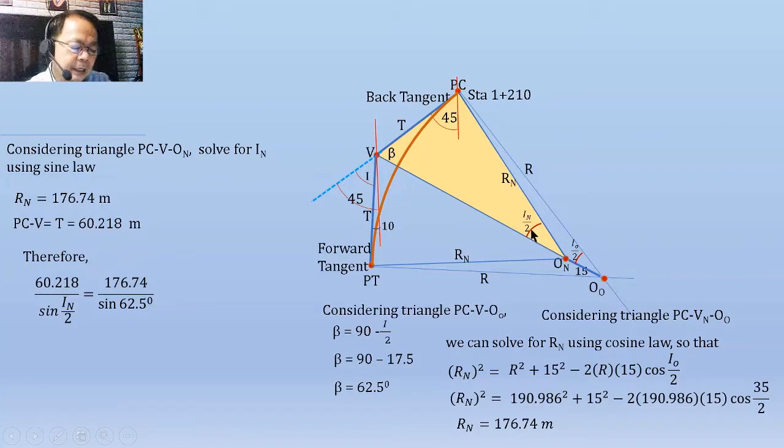This angle is proportional to R sub n, which is this one, divided by sine of the opposite angle, which is beta, and that is equal to 62.5. And so from here, masosolve natin itong I sub n of 35.1817 degrees.